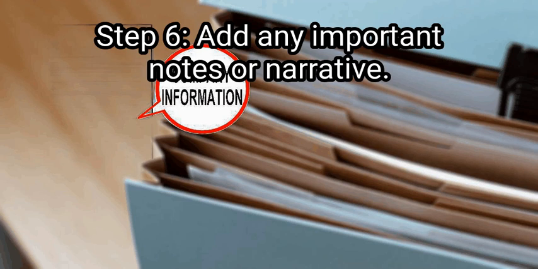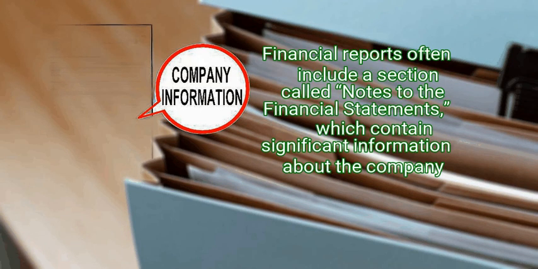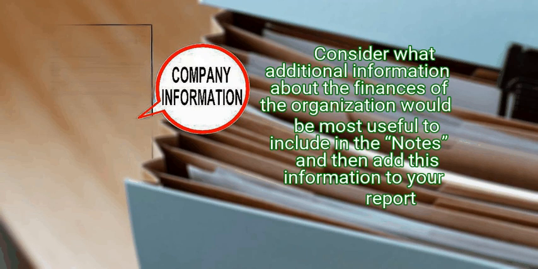Finally, add any important notes or narrative. Financial reports often include a section called Notes to the Financial Statements, which contain significant information about the company. Consider what additional information about the finances of the organization would be most useful to include in the notes, and then add this information to your report.